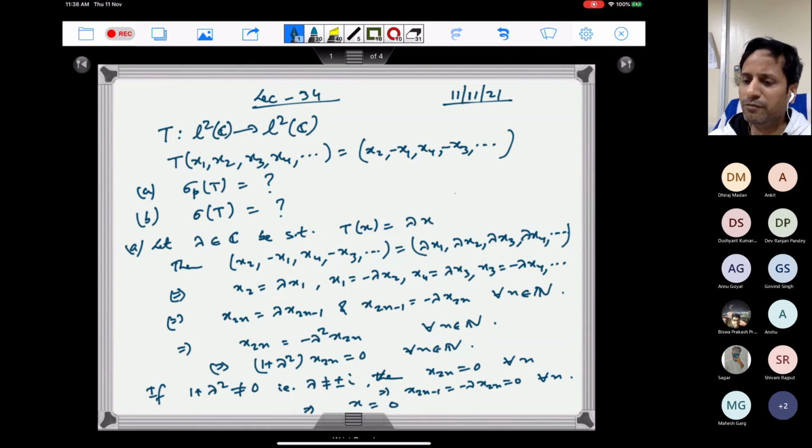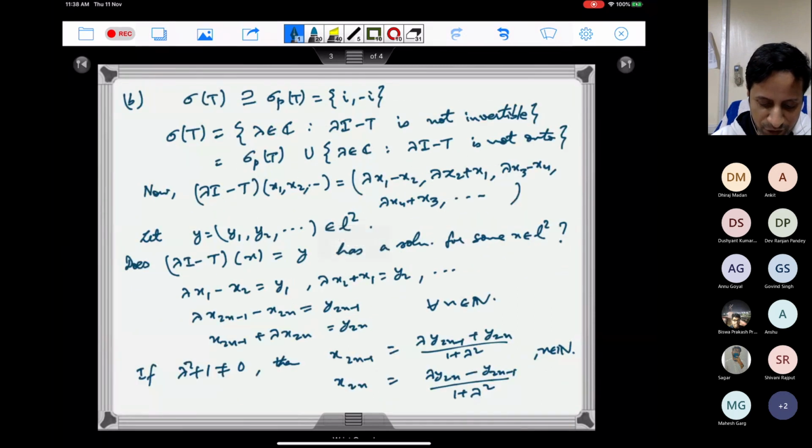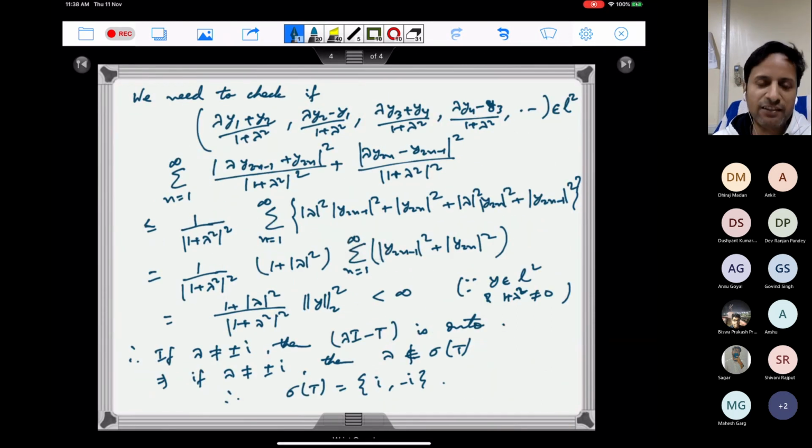Directly, whether it is one-one or not, whether it is onto or not, one can easily calculate this. I just wanted to point out that you should also see whether these vectors are in the space or not. Just like for the left shift operator, I said that if you are not careful, then you might think that every lambda is an eigenvalue, because if you look at 1, lambda, lambda square, and so on, the image of that will give lambda times that vector.